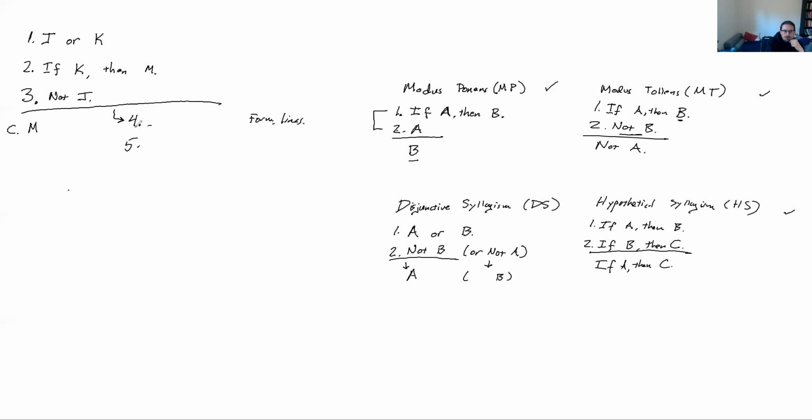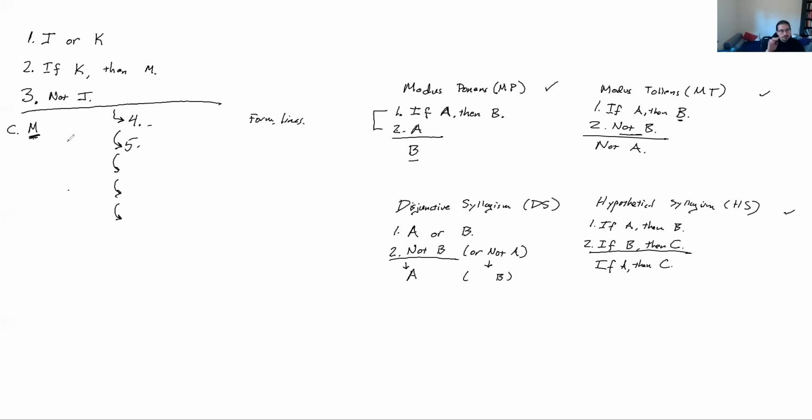Then use this premise along with another one from up here, maybe the same one, maybe one you've already used, that's fine, to come up with a new premise. What you are trying to do is get to this conclusion. This could keep going for a long time, but ultimately you want to get an M all by itself.